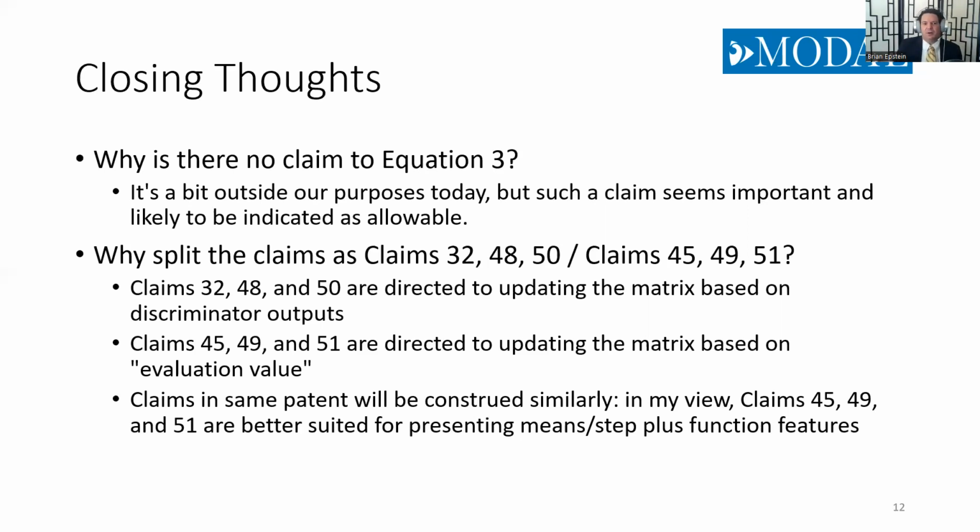Meanwhile, claims 45, 49, and 51 are directed to updating the matrix based on an evaluation value. These, I believe, are supposed to be different. But the issue is that claims in the same patent will be construed similarly. They'll be interpreted in a similar manner.